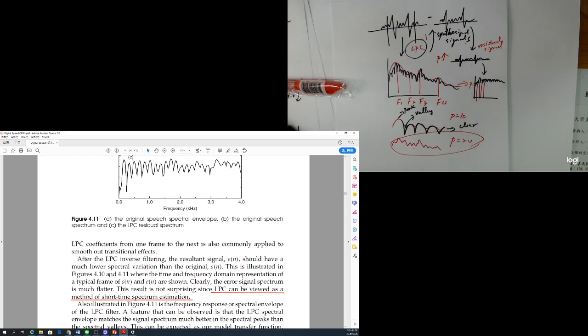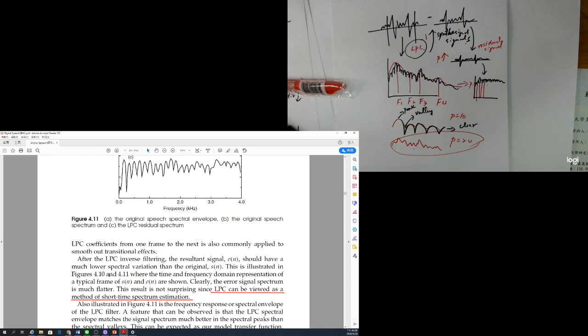However, you have to look into how to determine the order P. The order P depends on how detailed you model the envelope shape. Because we are an all-pole model, the signal peaks are modeled more clearly, while the valleys are not so clear. So we model the envelope shape.